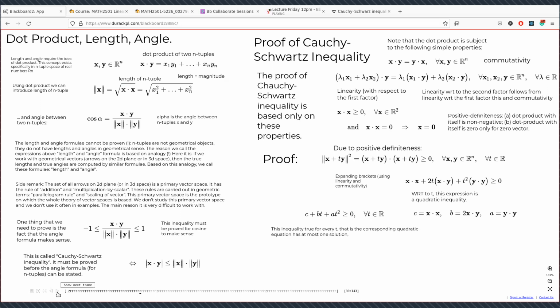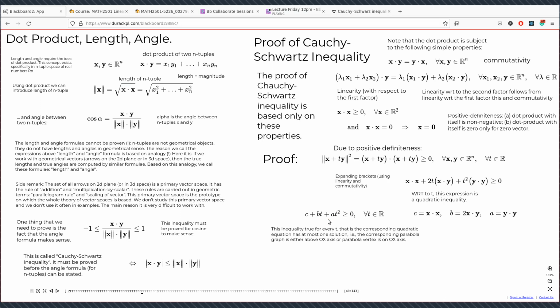This is the inequality case. It's high school stuff, how we solve quadratic inequalities, right? It happens when the corresponding equation has at most one solution, or in geometrical terms, when the graph of this function, the parabola, is either above the axis or has its vertex exactly on the axis.